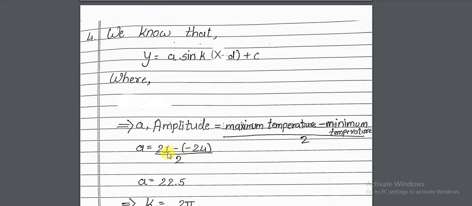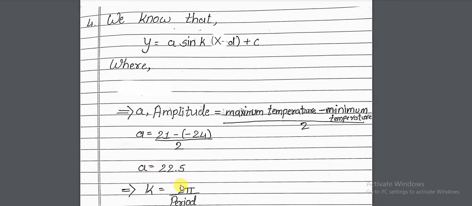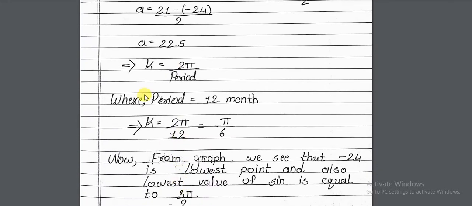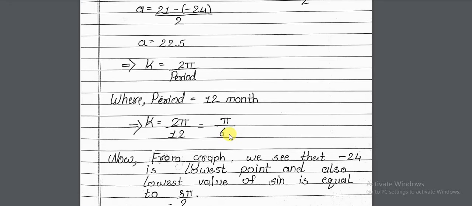The maximum temperature given is 21 and the minimum temperature is -24, divided by 2. So we get an amplitude of 22.5. k is given by 2π divided by the period, where the period is 12 months. So k is equal to π/6.